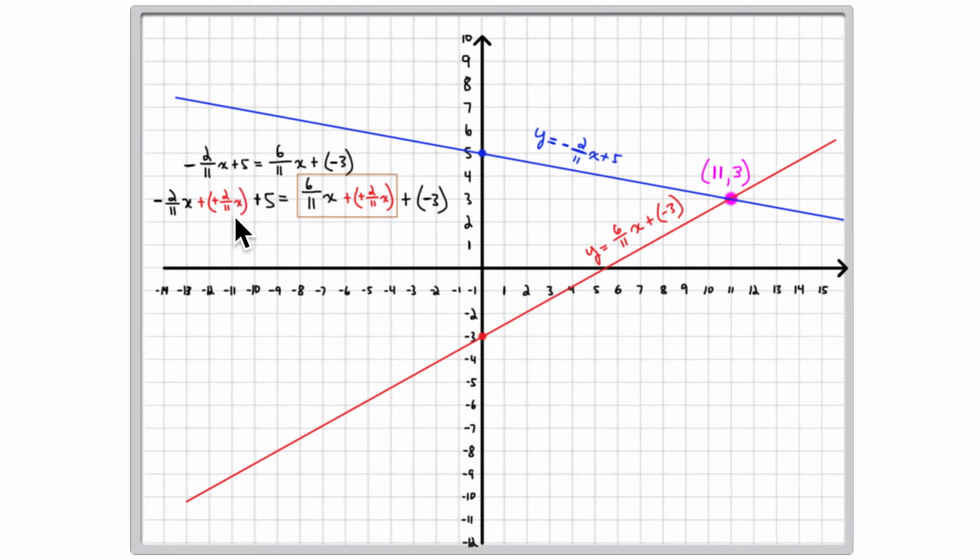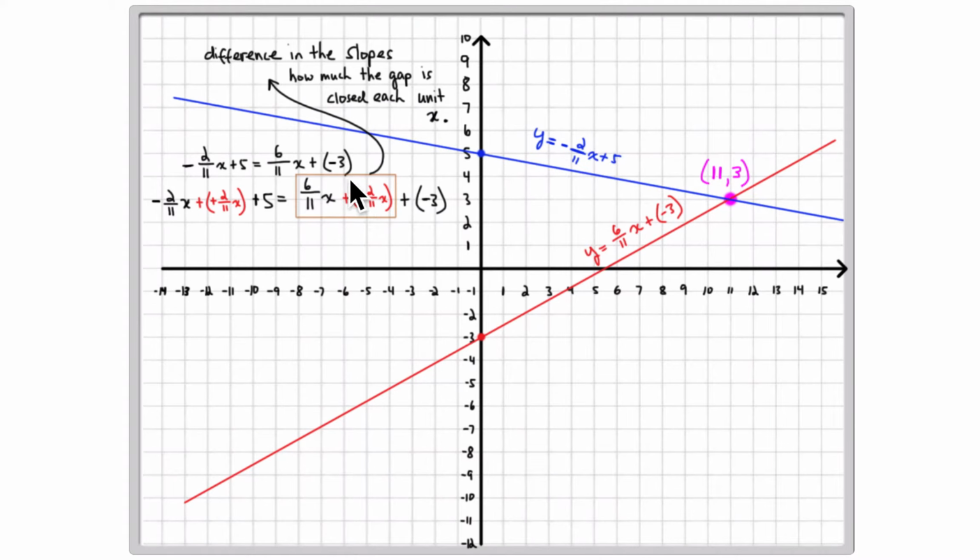So the language, the discussion, again, includes many things that students get confused on. So you're continually reinforcing that language as you go through the problems. So this is a positive 8/11 x. And that is the difference in the slopes. It's how much the gap, this difference between these two y-intercepts, how much this is closed for each unit x.